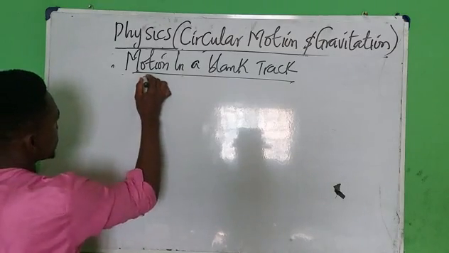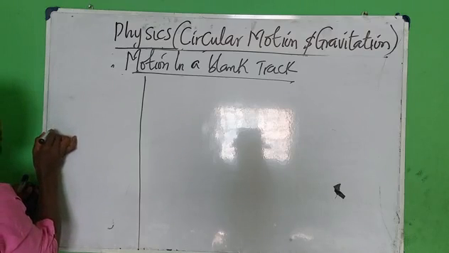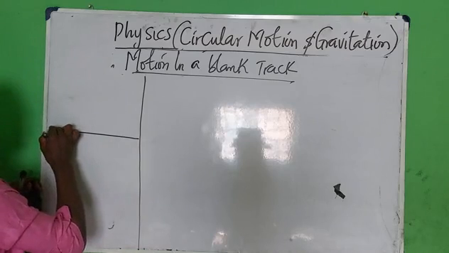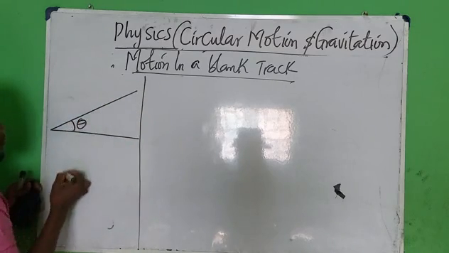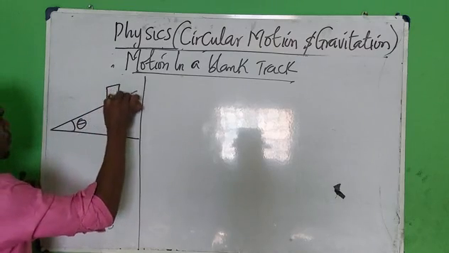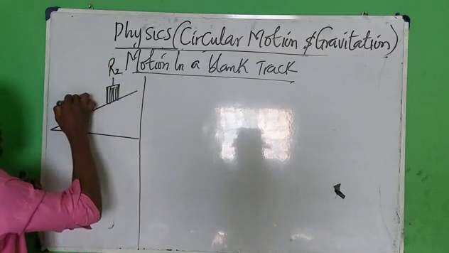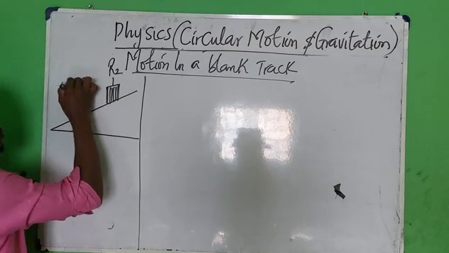If I have something like this, I have my angle situated at this region. I have a normal reaction here, which is R2. I have another normal reaction, which is what?